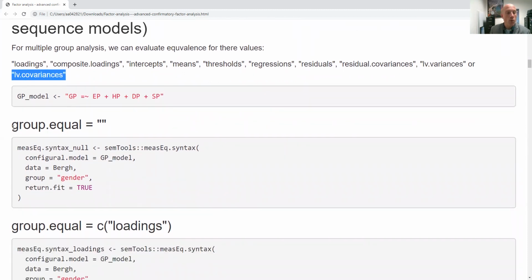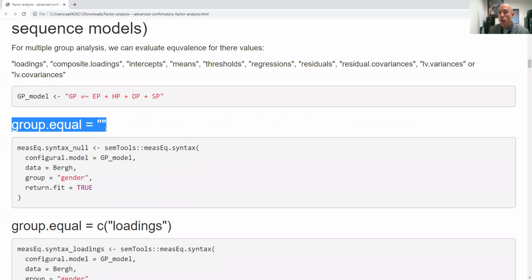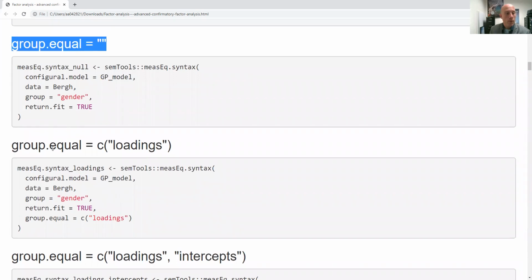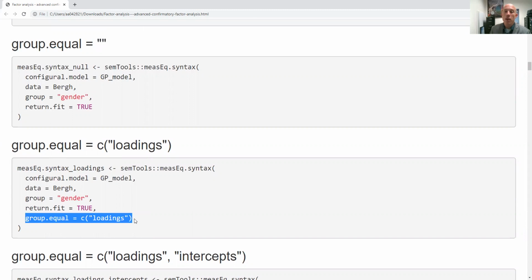Okay, so for group equal, here I'm taking the default null one, so I'm not putting any restrictions on equality of the variances. When I do this one, you notice I don't have the group.equal parameter present in this command call. Now here, I'm going to say that I want loadings to be equal across groups.